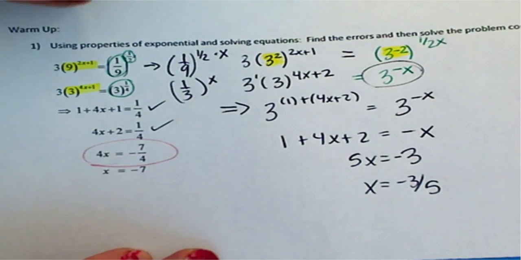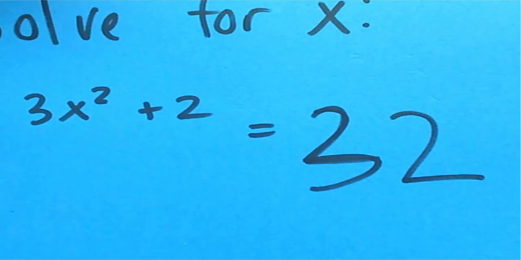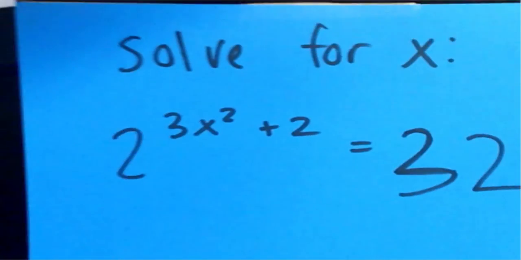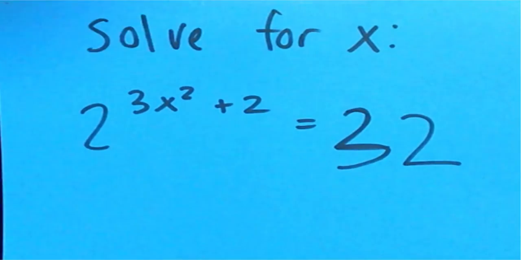Ready? It's like scratch work, okay? There you go. Solve for x. Right, scratch work. It doesn't have to be pretty. Just find x. Is that 3x to the second? That is 3x to the second. 32.